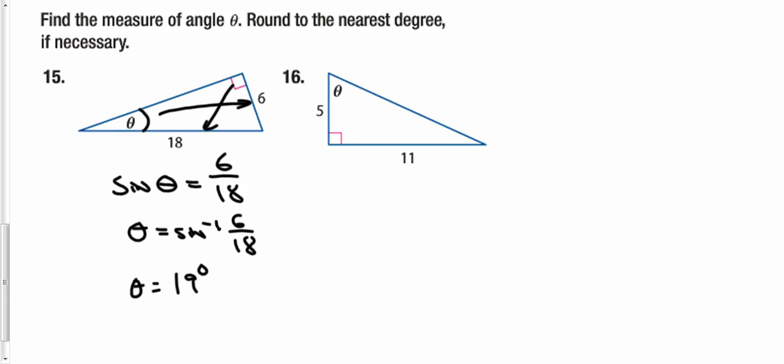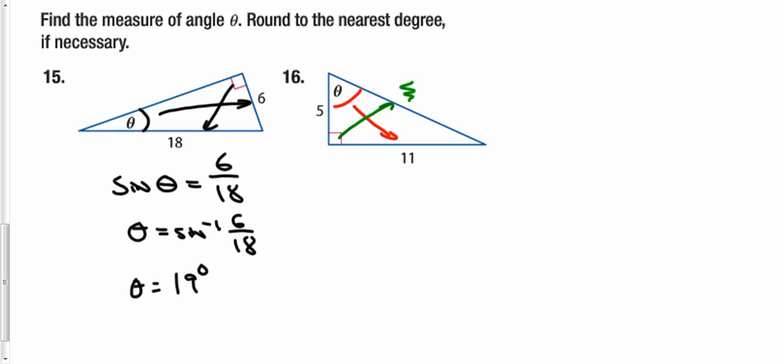For this second problem, number 16, we have theta right there. In this case, we know the opposite side and the adjacent side. We don't know the hypotenuse, which is the side across from the right angle. So I need a ratio that uses the opposite and the adjacent.